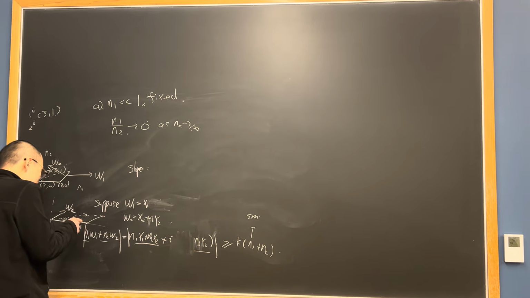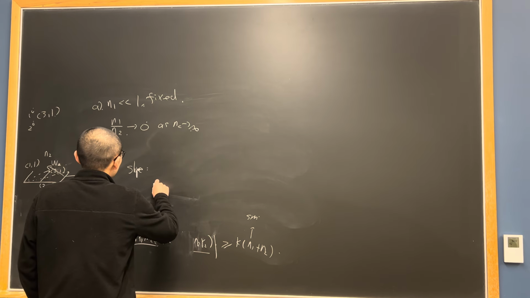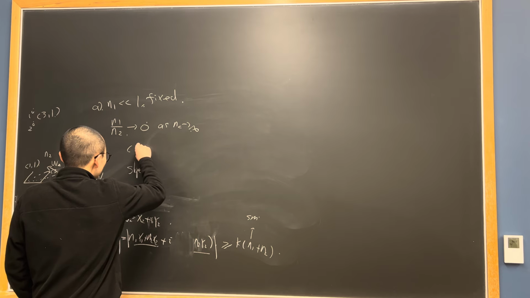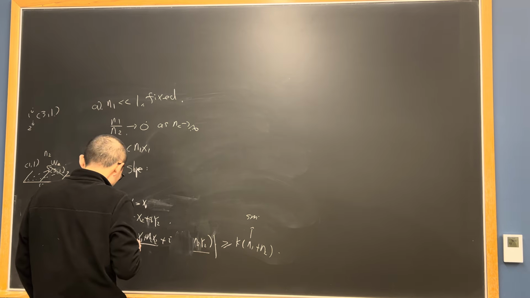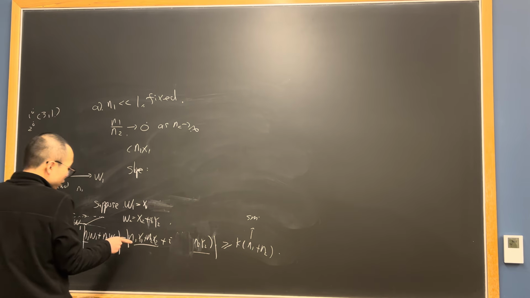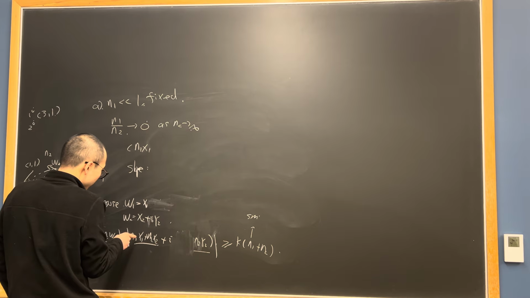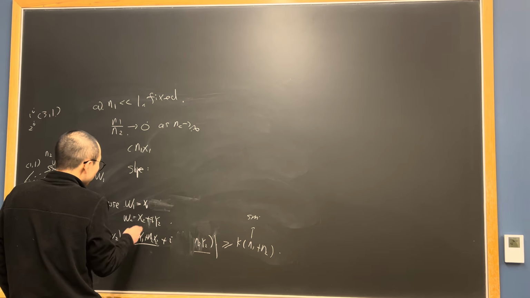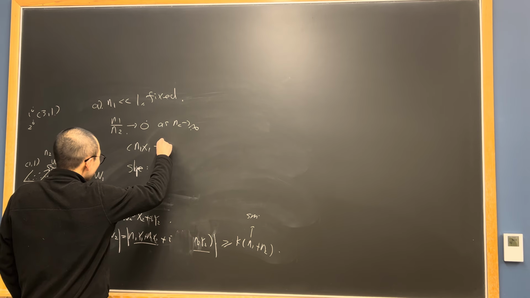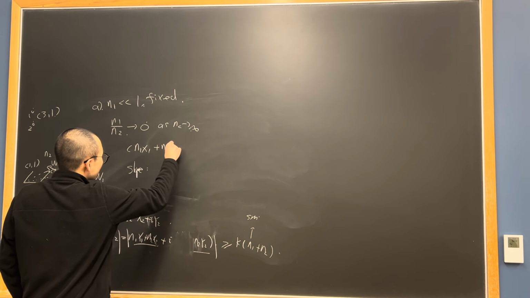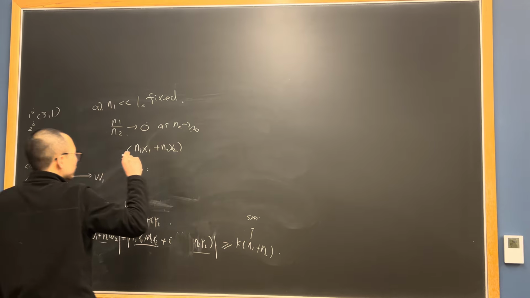So you will have n1 x1, where x1 is really big, and then plus a fixed number, n2 x2. I think you can definitely show that.